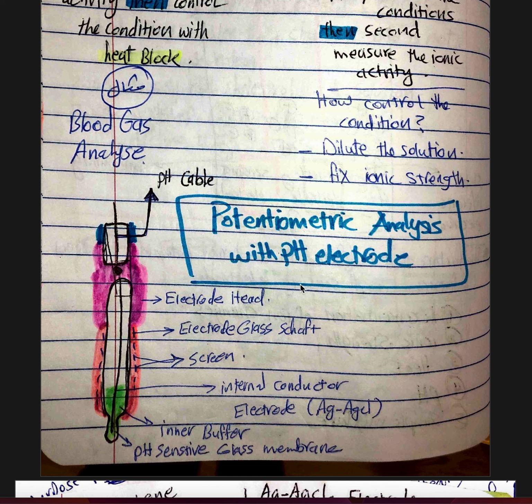So here we have the pH cable, and then the electrode head, the electrode glass shaft, the screen, the internal conductor electrode, which is AgCl, the inner buffer, and the pH sensitive glass membrane.